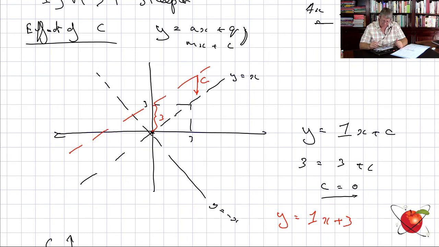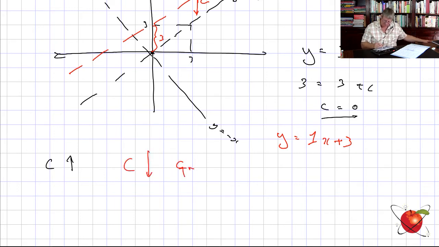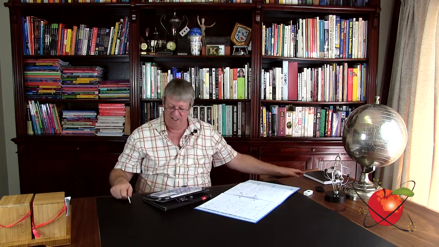Now, let us have a look if we take the value of c and we say, let us say c goes down. Graph moves down. So if we take the red one, the graph is going like that. It's being pushed down. And if we take the black, the c positive, it's moved up.